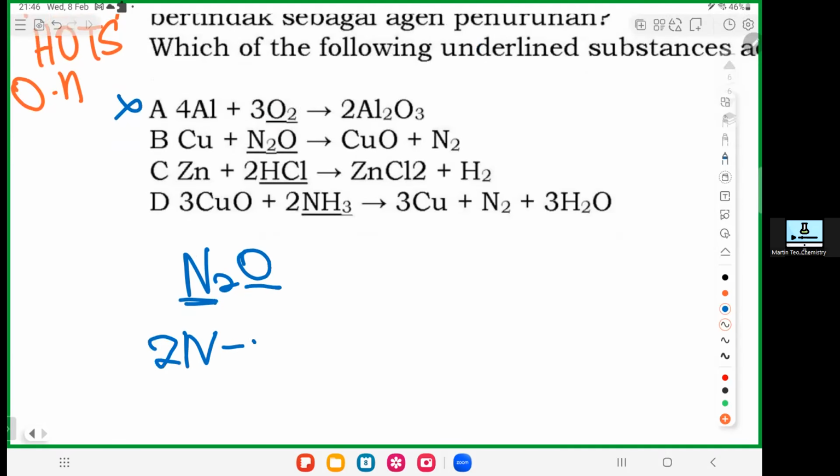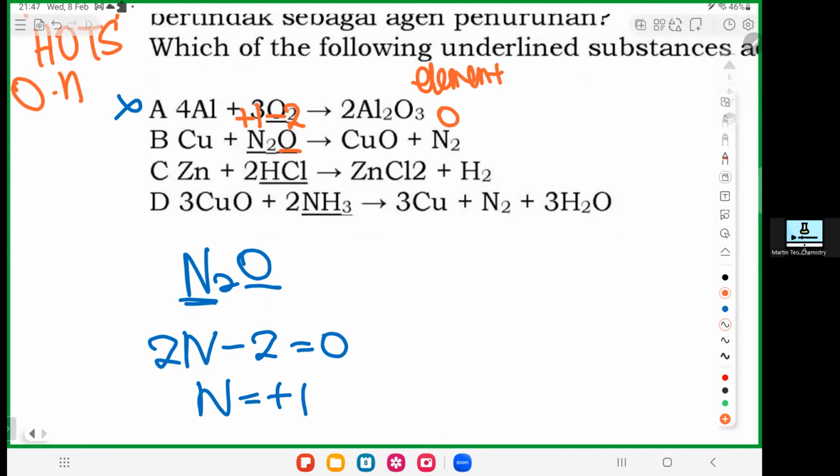Oxygen, how many? -2, equal to 0. Nitrogen is +1. So the nitrogen here is +1. Oxygen is -2. So now the nitrogen is +1 on the left. Can we check the nitrogen on the right? Yes, the nitrogen here only has N, nothing else. So it's element. When you are element, the oxidation number is 0.